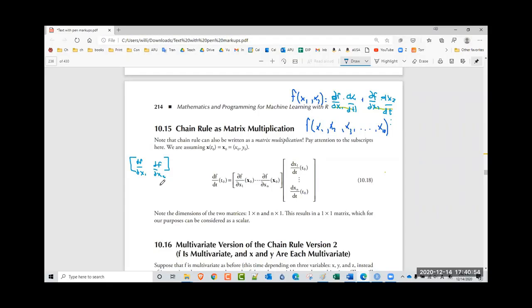Okay, now let me make a second matrix, and this one is going to be a column matrix. I can do this if I want. This is also going to have two elements.